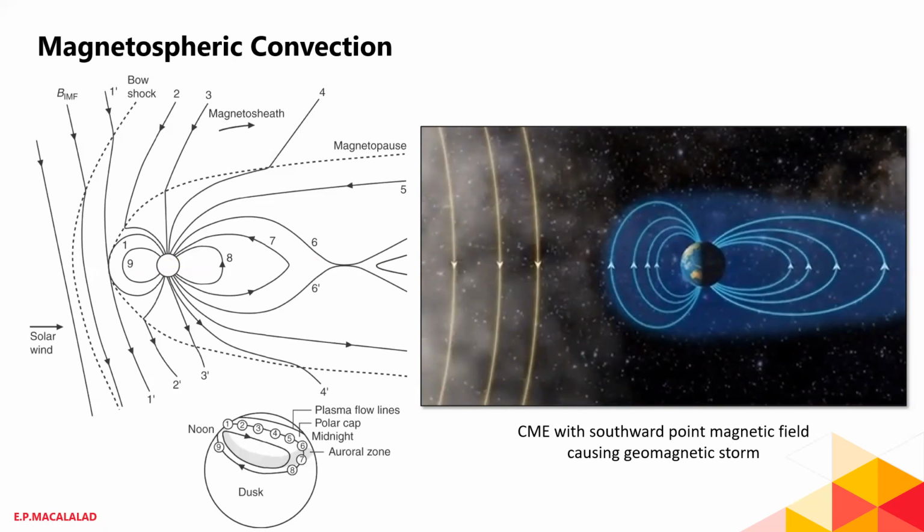And this is one of the main processes that is the reason why we could also have aurora formation even during solar minimum, where the occurrence rate of coronal mass ejections is very low. So the point is that we have a south pointing magnetic field here.